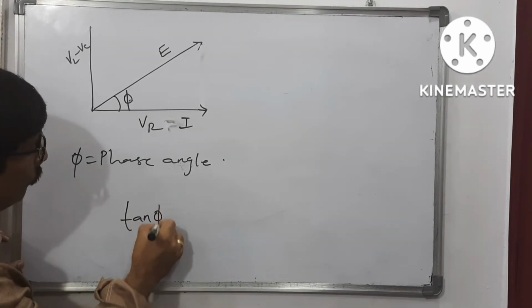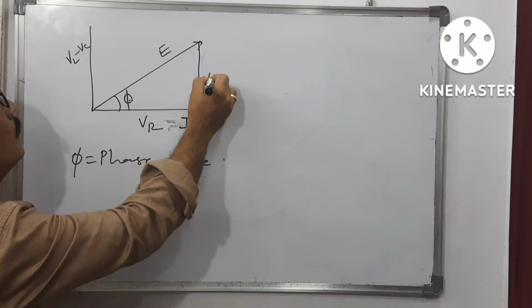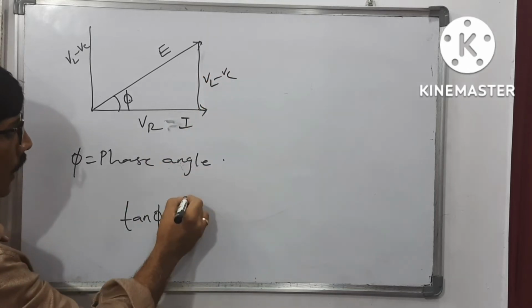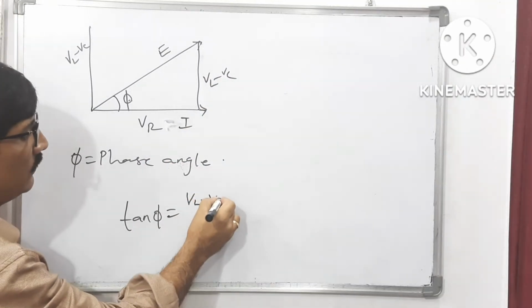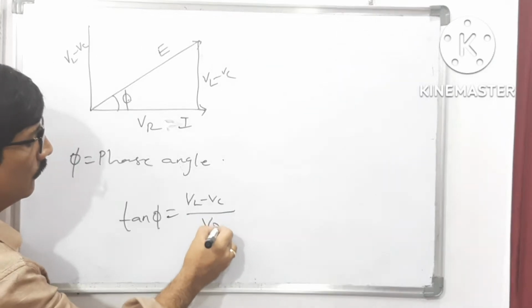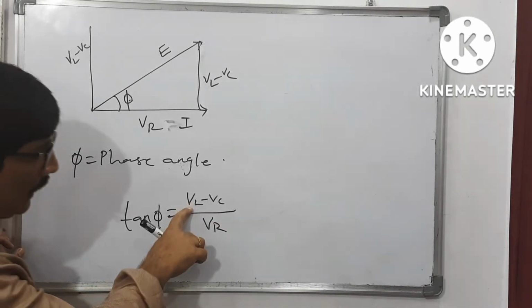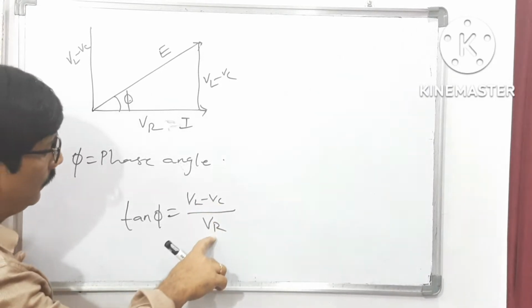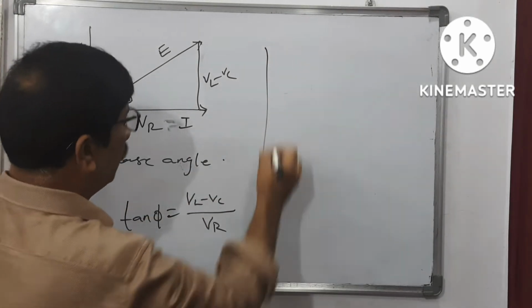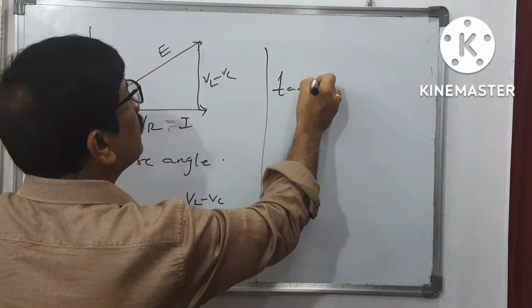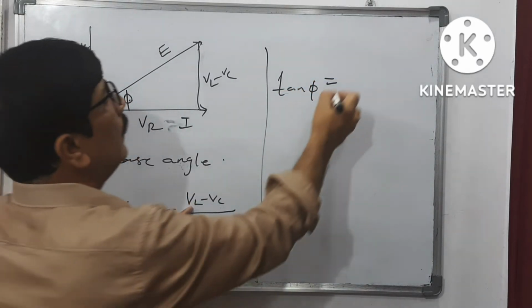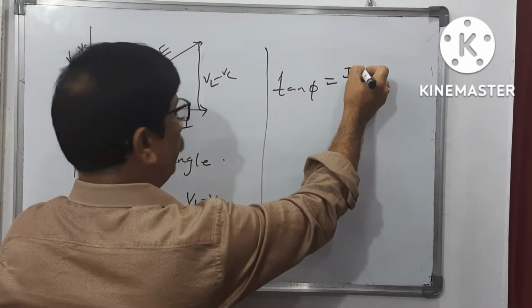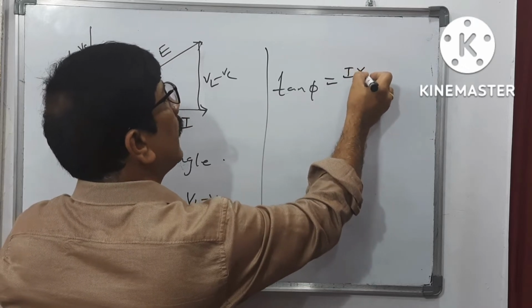Very simple. Tan phi is nothing but VL minus VC divided by VR. But if you take VL in terms of current and resistance, finally tan phi can be written as: VL is current into XL.